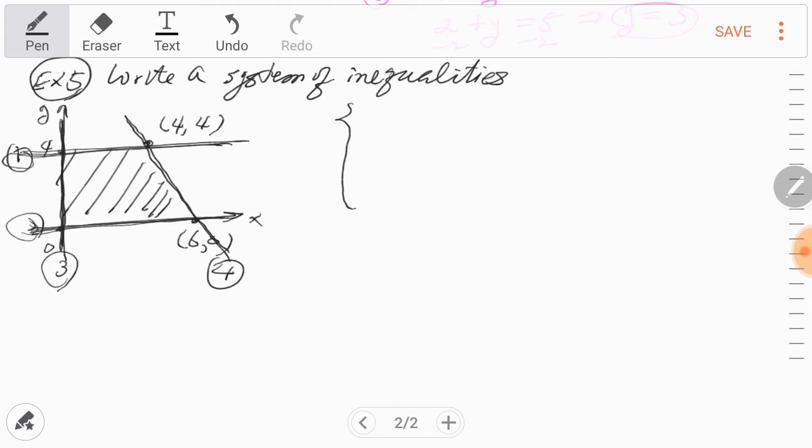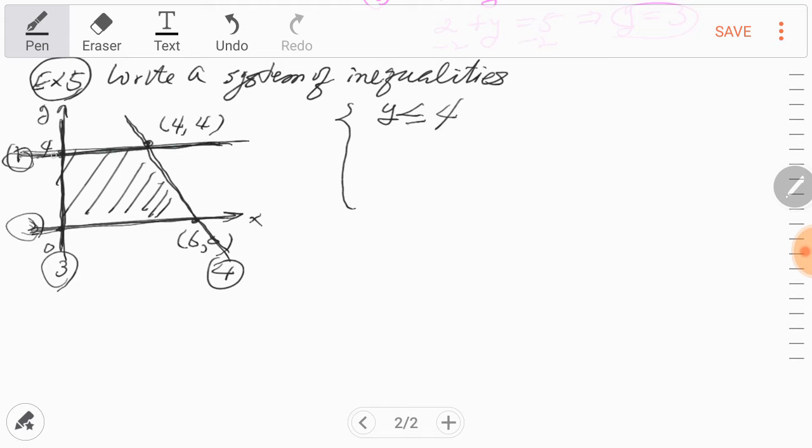From the first one, number 1, the horizontal line passes through y equals 4. So the inequality will be y is less than or equal to 4, because this is a solid line, and the area is below the line.